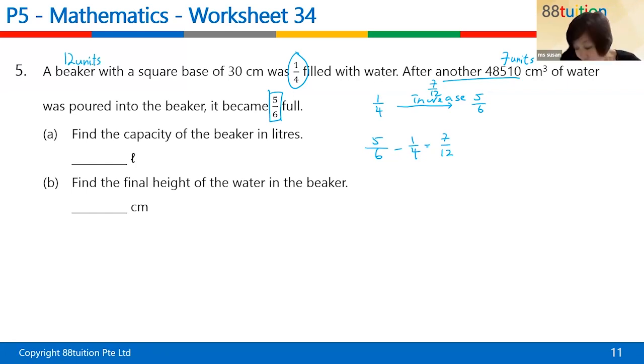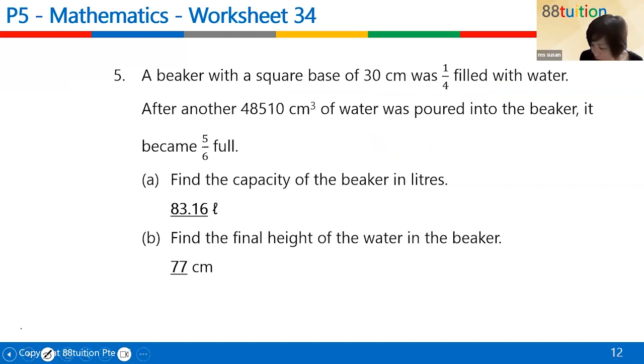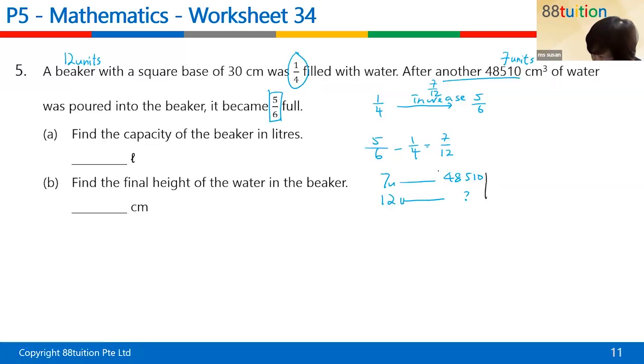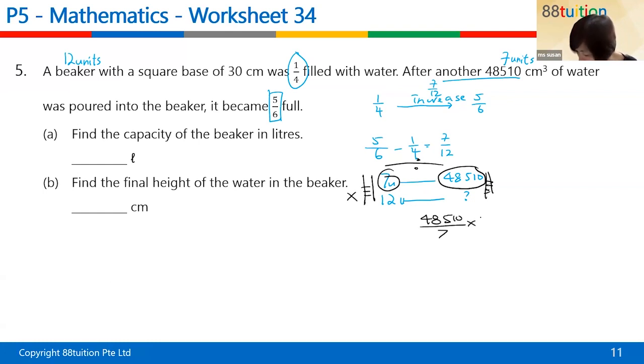Correct. All right. So now my 7 units will be 48,510. I use my overhead bridge. Remember I said, okay, let's check. Escalator, divide by this, multiply by 12. So 48,510 divided by 7 times 12.